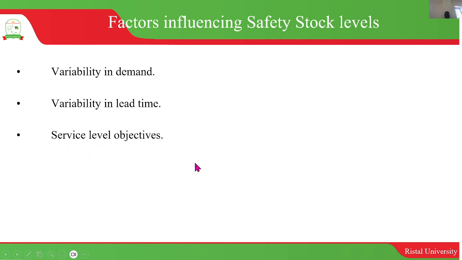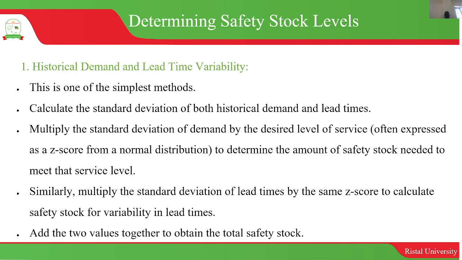And then we have the service level objectives. Determining safety stock levels: we said we can use historical demand and lead time variability to determine the safety stock levels that we need. This is one of the simplest methods we use. Normally we do it by calculating the standard deviation of both the historical demand and the lead time.